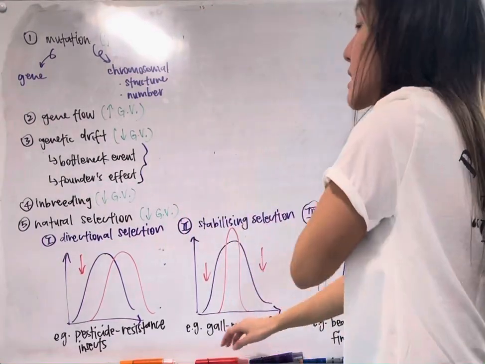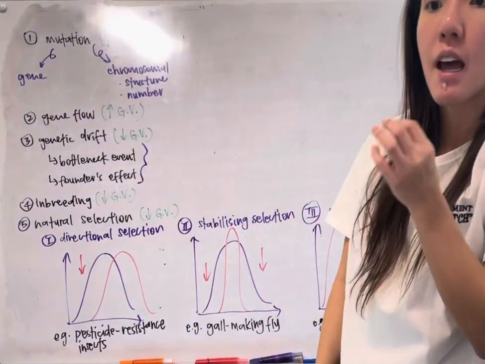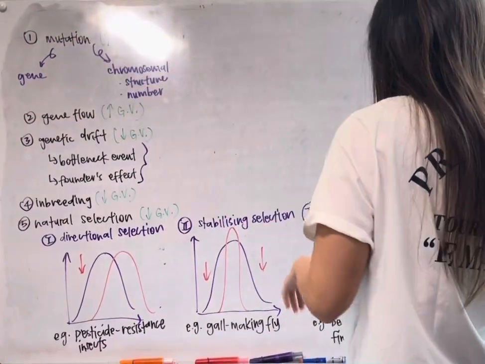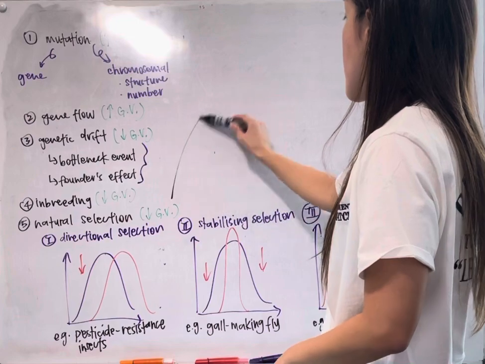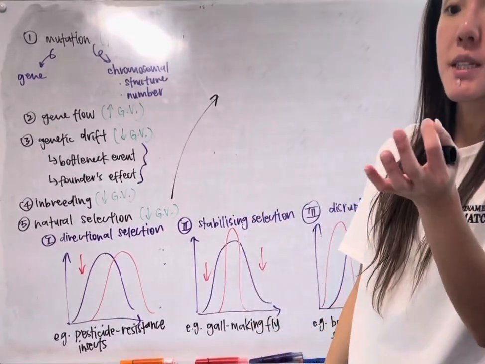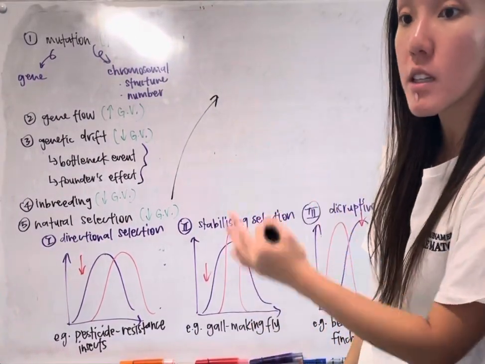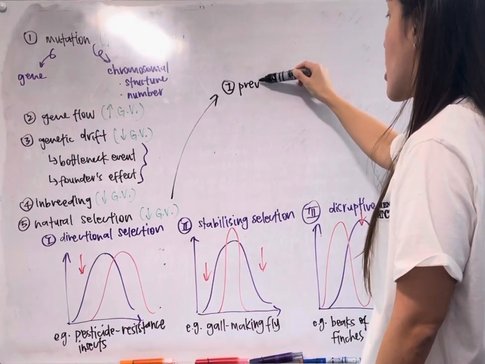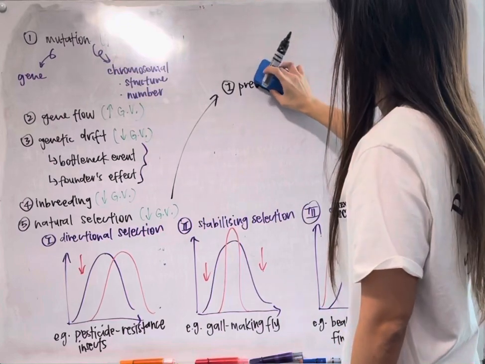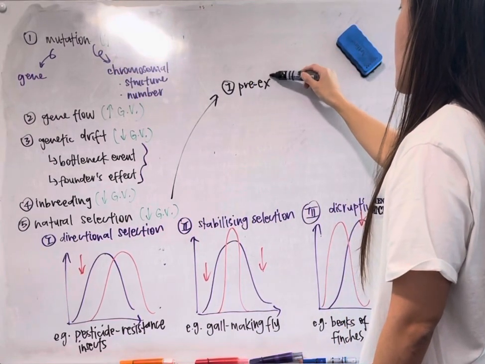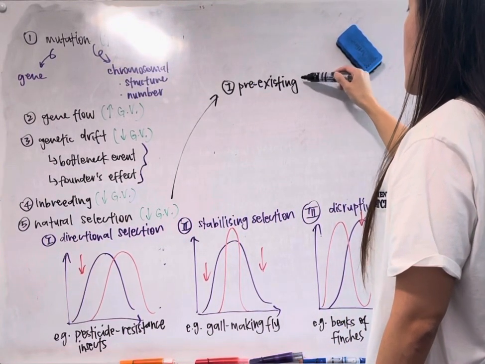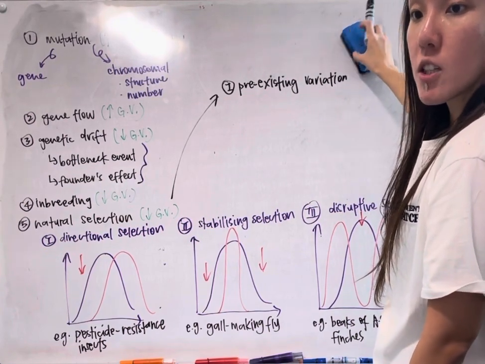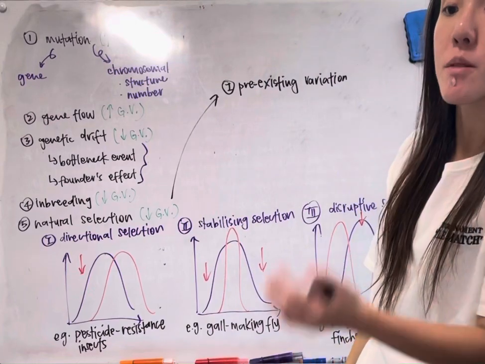So again, in exam, especially for essay, if they ever ask how natural selection decreases GV or decreases variation, please take note, you must always tell me the three things. What are the three things? First of all, you must always mention that it must be pre-existing variation. The pre-existing variation undergoes this selection pressure.